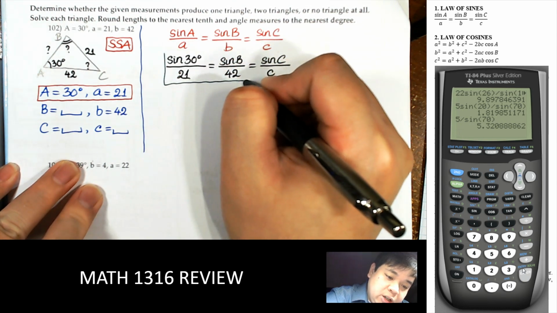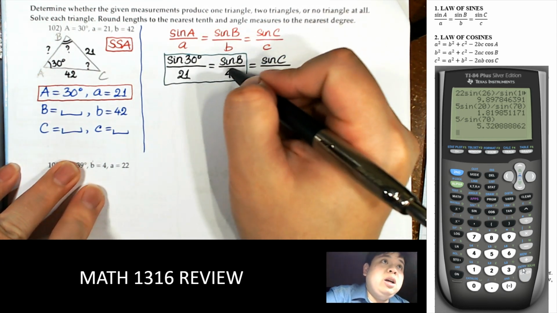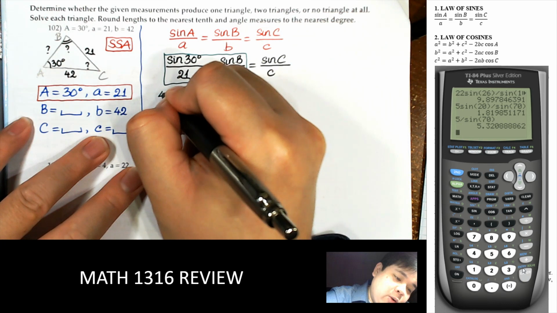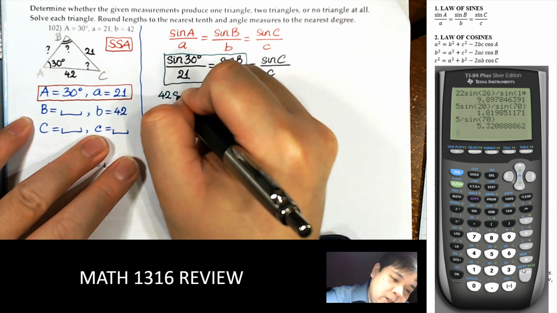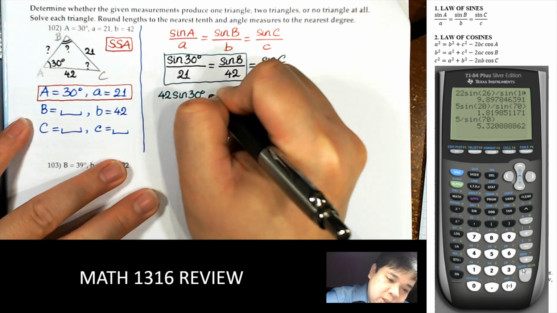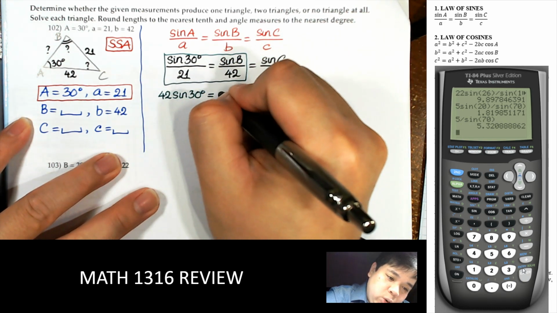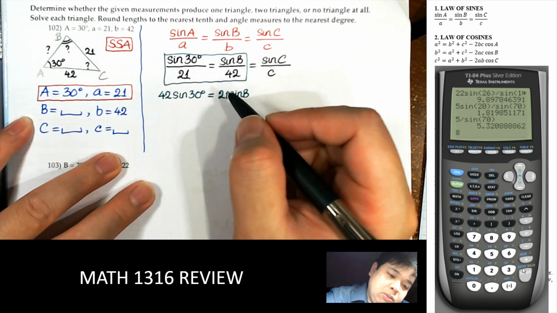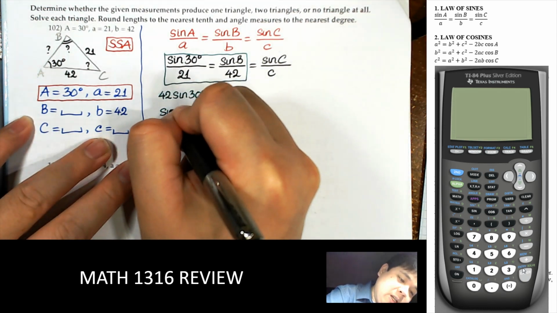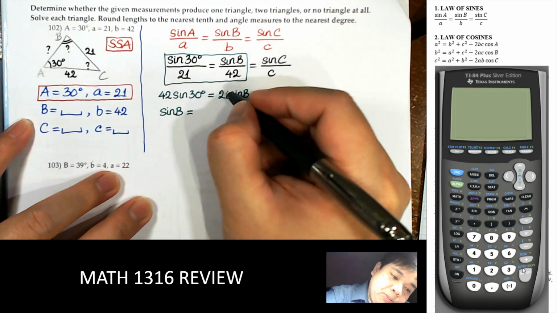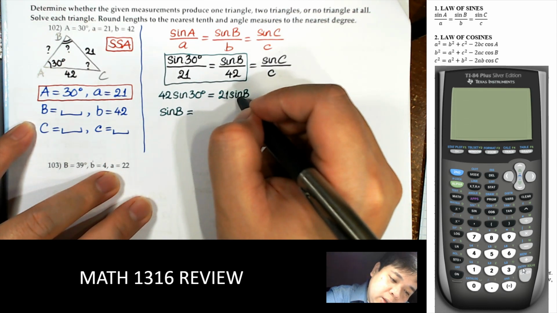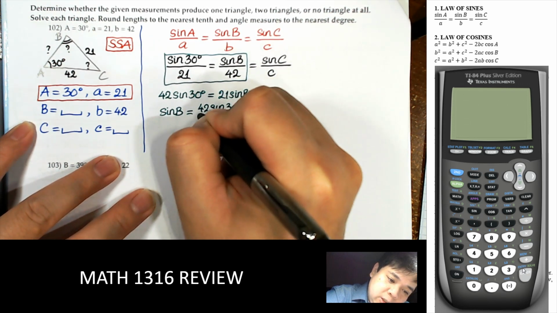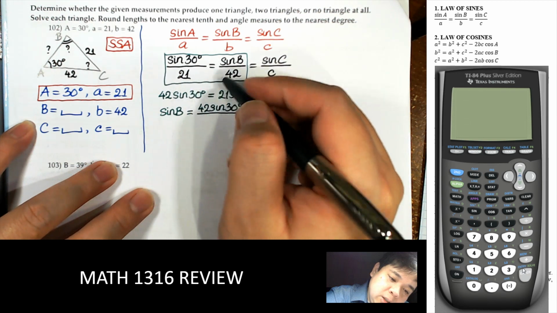If we consider the first two ratios, cross multiply, and we can solve for sine of B. So cross multiply: 42 sine of 30 degrees equals 21 sine of B. Divided by 21, we have sine of B equals 42 sine 30 degrees over 21.